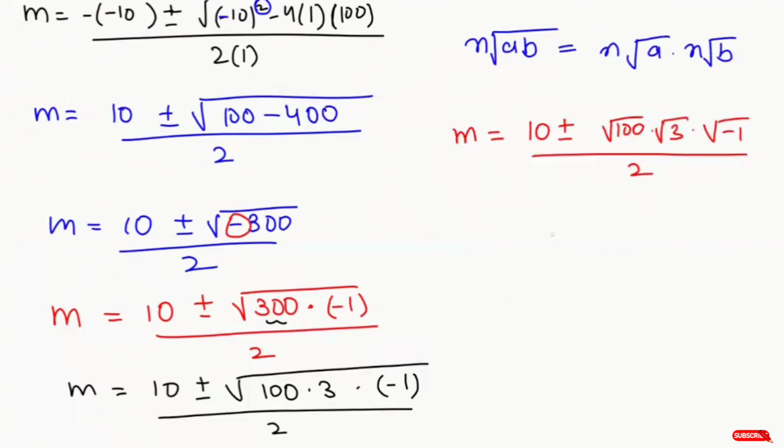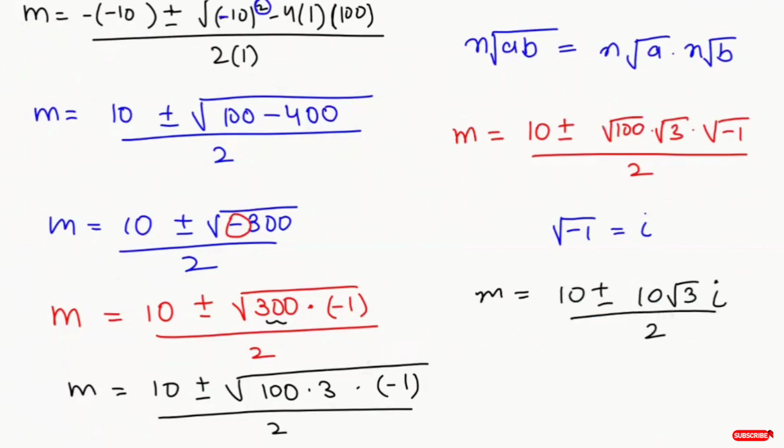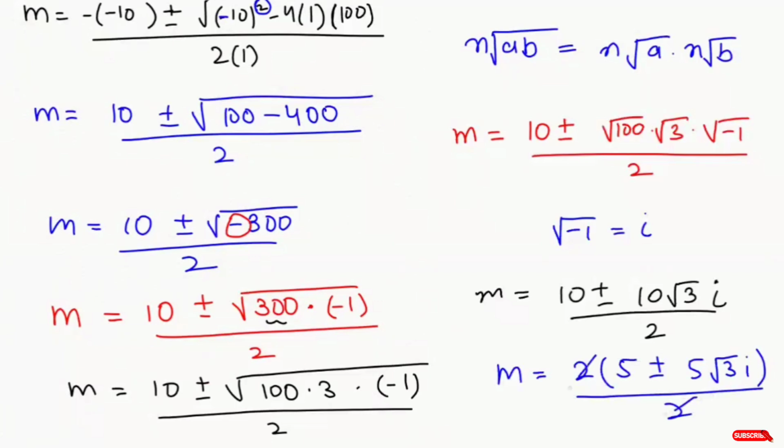And as you know, the root of negative 1 is equal to iota. So this will turn to m equals 10 plus minus 10 root of 3 iota over 2. Next, I am going to take the common factor of 2. m equals 2 times (5 plus minus 5 root 3 iota) over 2. This and this get cancelled. So here we get the 2 m values.